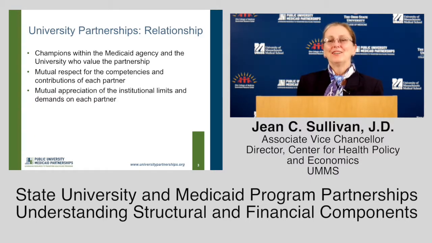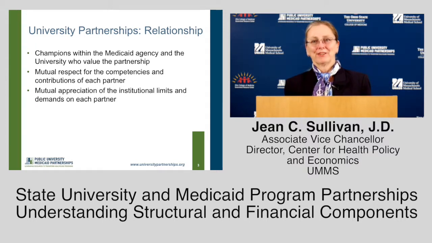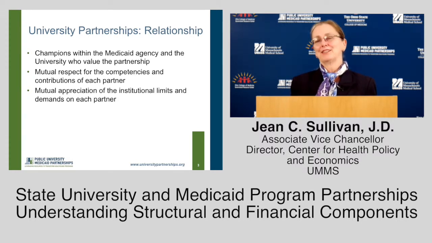So beyond all the details of what's required legally or what the financial structures or accounting needs to be, the most important thing to a sustainable and successful relationship is having champions in the university and also at the state agency you're going to be working with, who understand the essence of the added value of building this kind of relationship, that understand that the opportunity is one that benefits both partners.